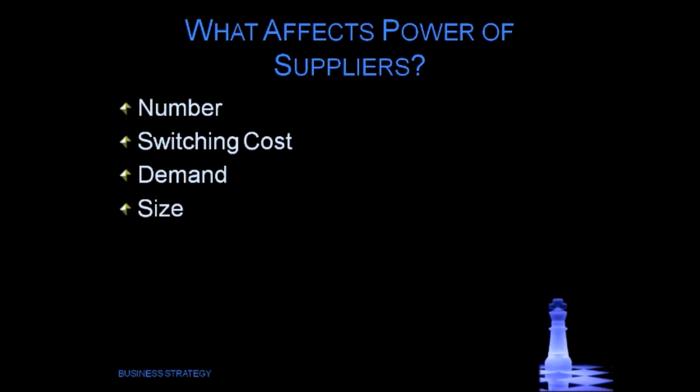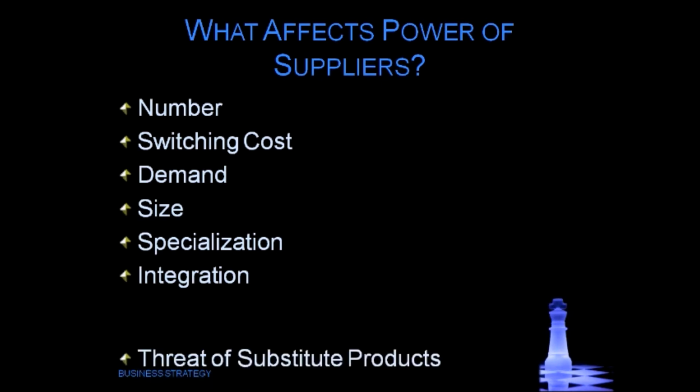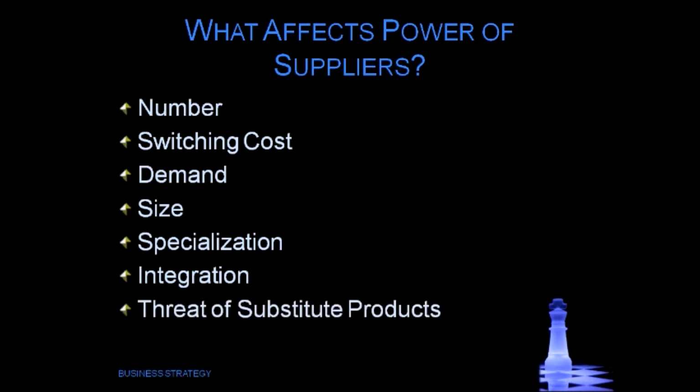When the size of the supplier is big, if there's only a big supplier, then chances are their power goes up. Specialization. The more specialized the product, the higher the supplier's power. Integration. If there is a chance that a supplier can buy you, then his power goes up. And the threat of substitute products. The higher the threat, the lower the power.